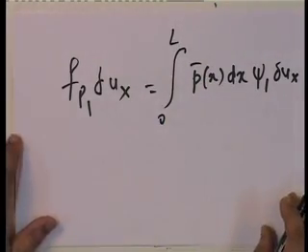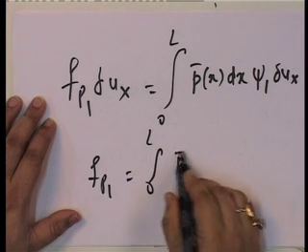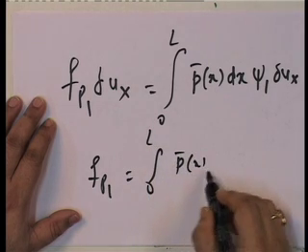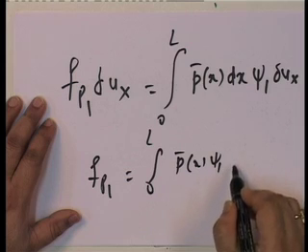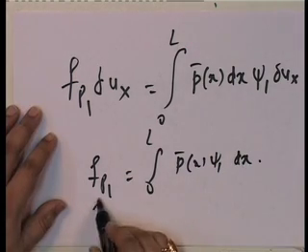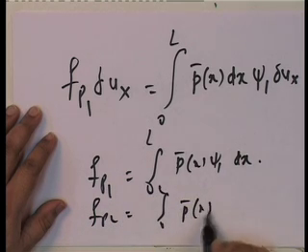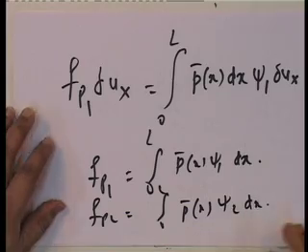So, f p 1 is equal to, over the whole length, p bar x into xi 1 into dx. And similarly, we will get f p 2 is equal to the integral of p bar xi 2 dx.